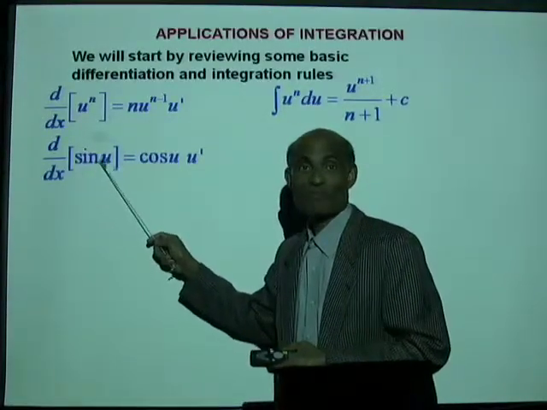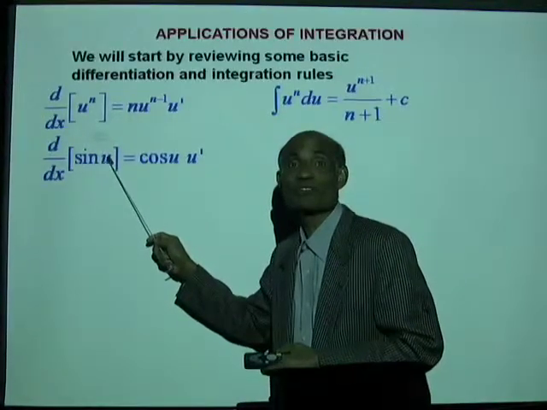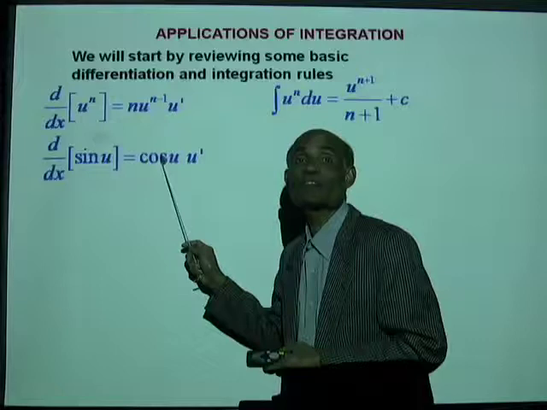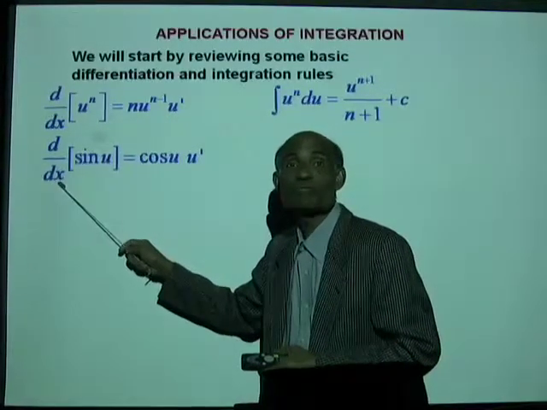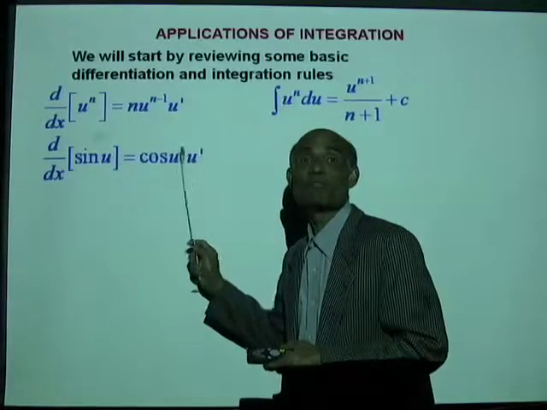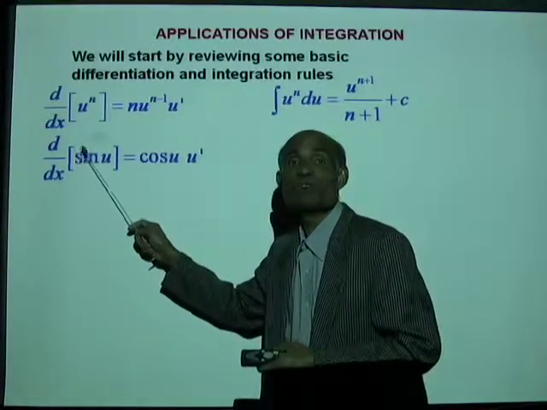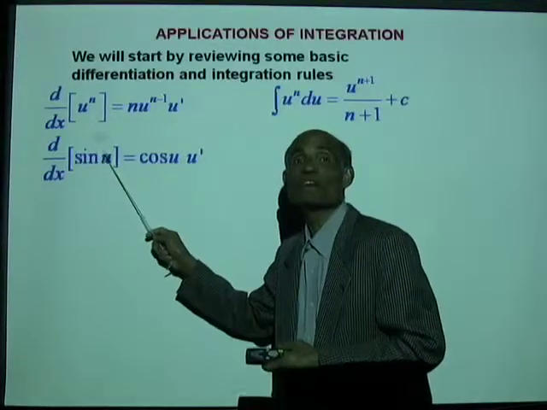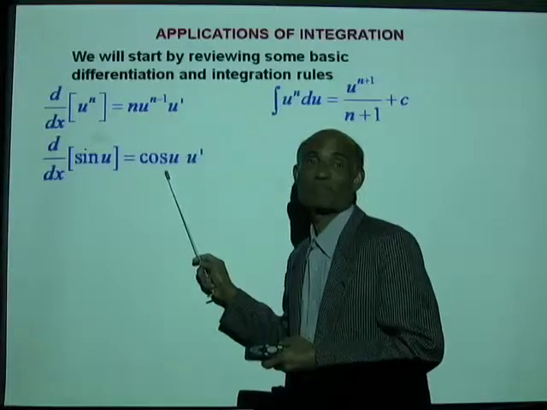For example, the derivative of sine of 5x is cos of 5x times the derivative of 5x with respect to x, which is 5. So the derivative of sine 5x is 5 cos 5x.